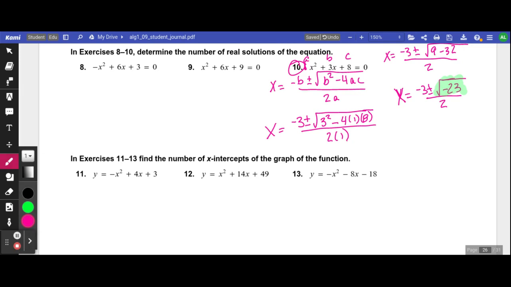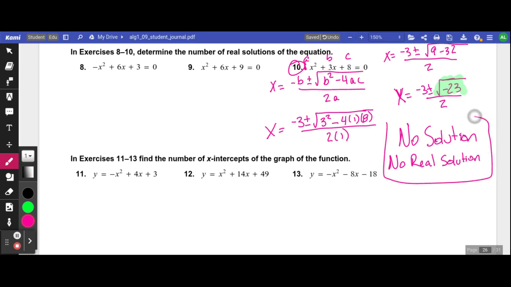We already know this is a no solution. Really, we could say no real solution, because like I said, we could have imaginary solutions. I wouldn't count you wrong if you said no solution. So if you get that negative square root, you know that that is going to be a no solution.